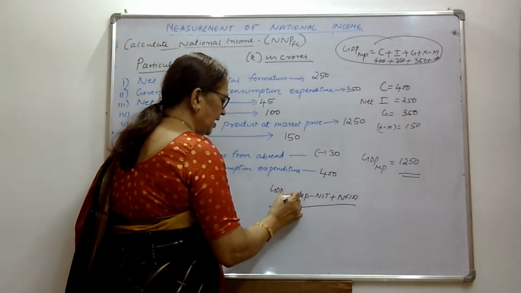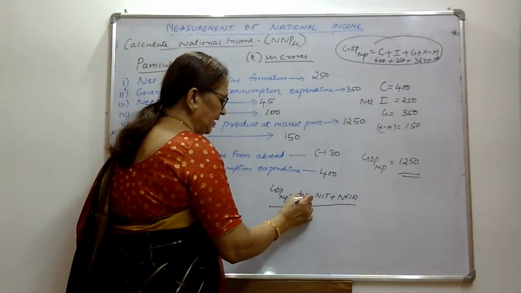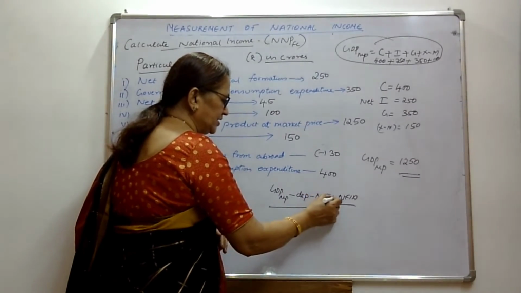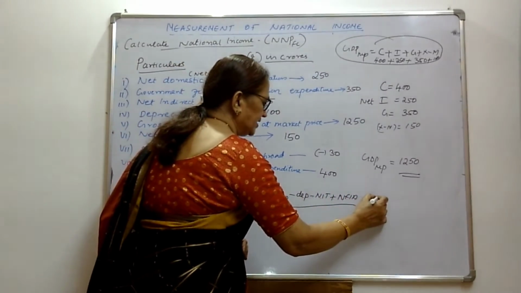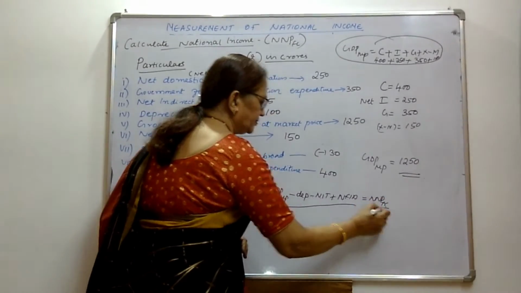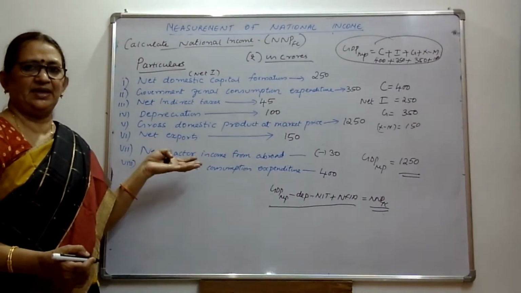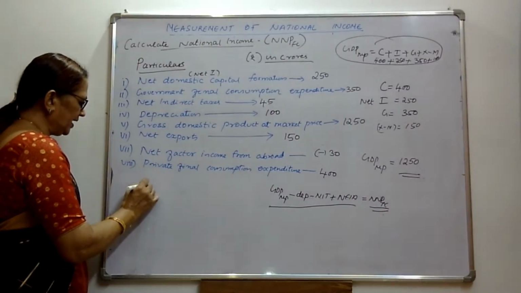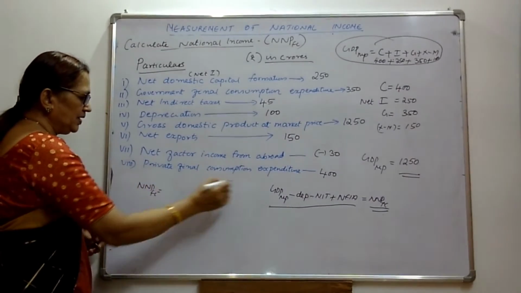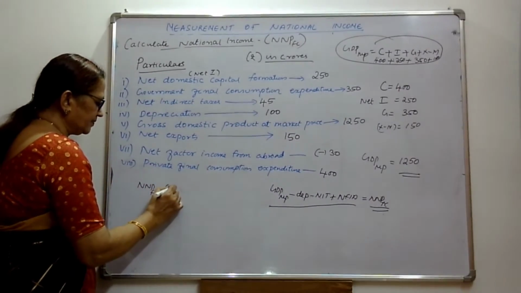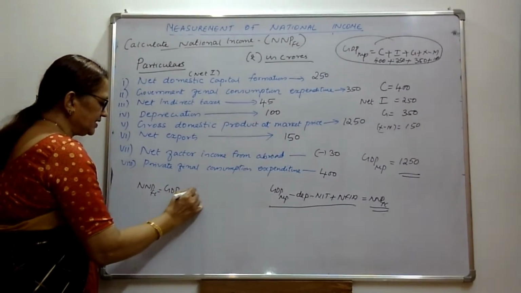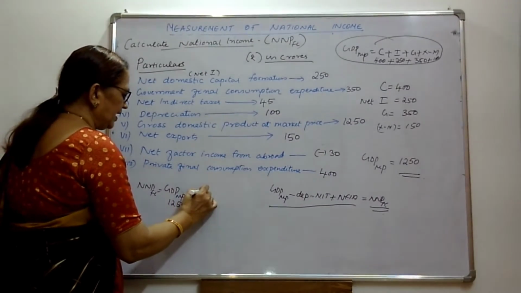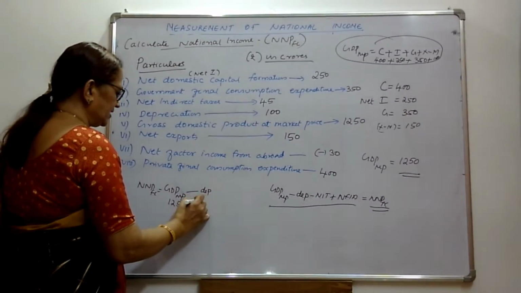GDP at market price minus depreciation, we get NDP at market price, minus net indirect tax, we get NDP at factor cost, plus NFIA, we get national income. So it is given directly. So 1250, NNP at factor cost is equal to GDP at market price. What is its value? 1250 minus depreciation.